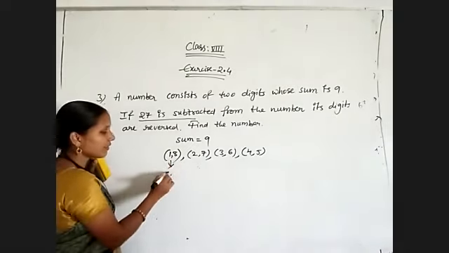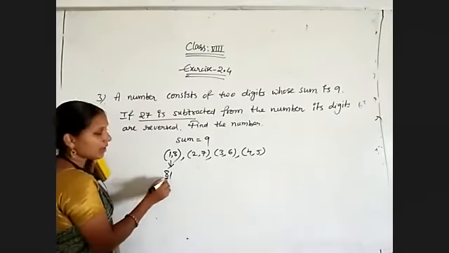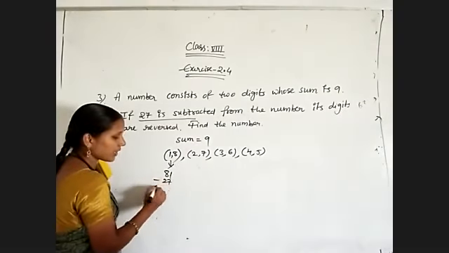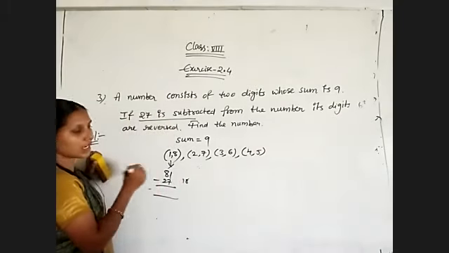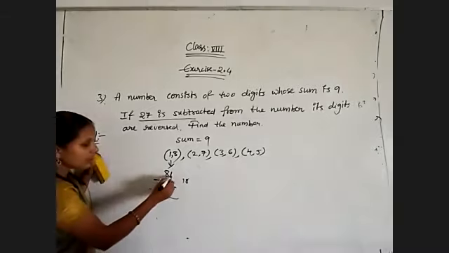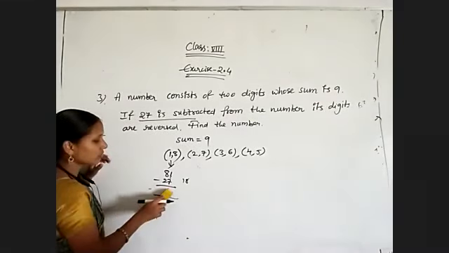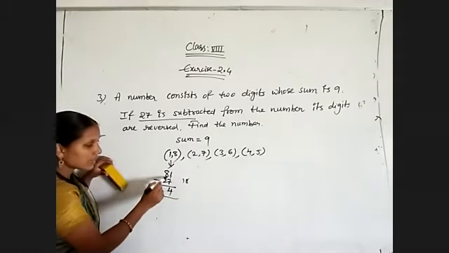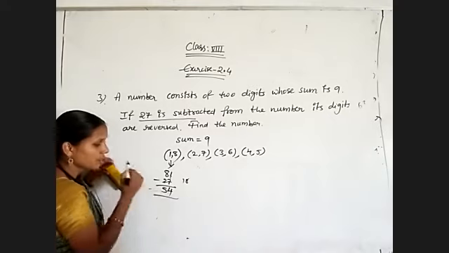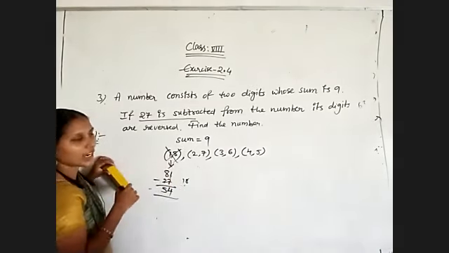So take 81, not 18. When I take 81, from this I need to subtract 27. Compulsorily I must get 18 according to the given condition. But what will we get? Observe, 11 minus 7 is equal to 4, and 7 minus 2 is equal to 5. 54 I got. I did not get 18. So this is not the required pair.